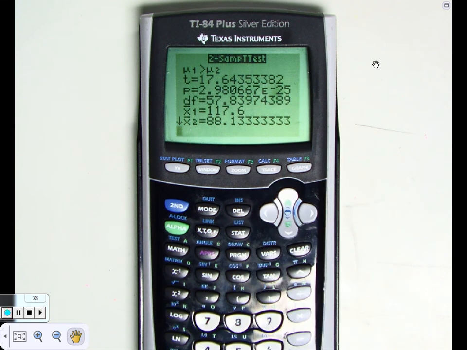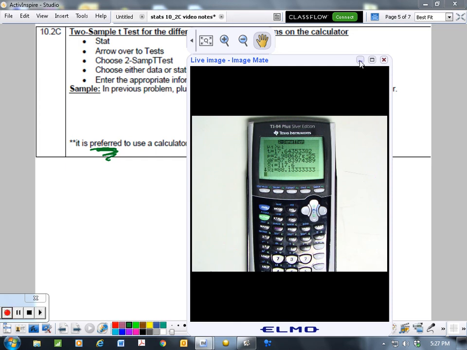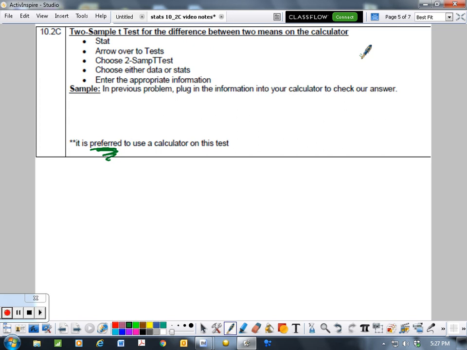If you use the calculator, you have to not only write down what you typed into the calculator, but you have to write down all of the information. So you have to write down that we got a t-value of 17.64. We had a p-value of 2.98 times 10 to the negative 25th power.